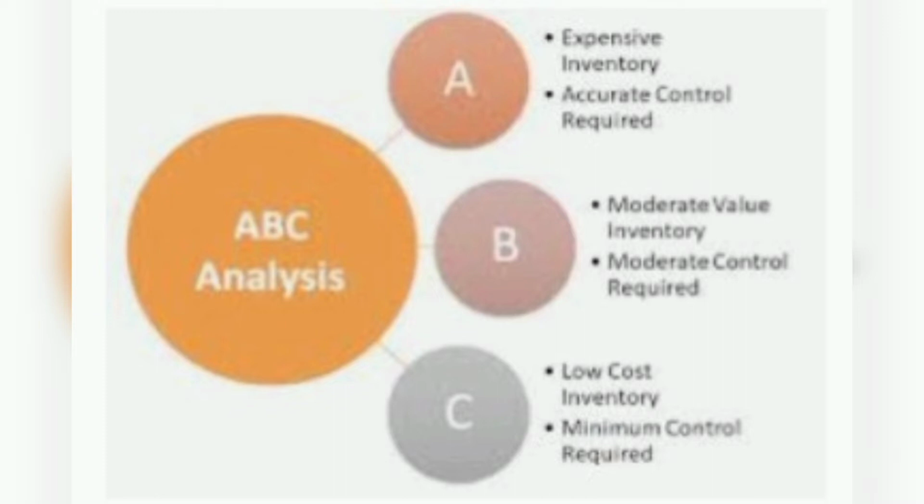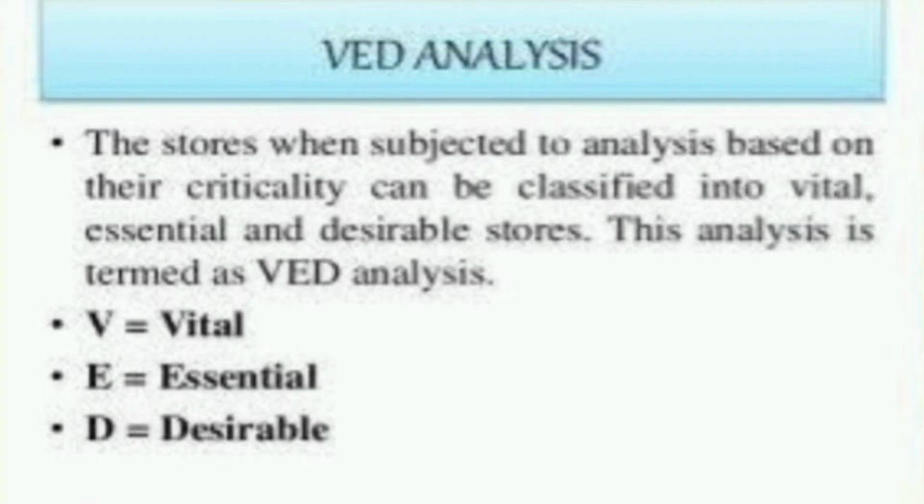And C is low cost inventory, so minimum control should be there. And also pharmacists should know the VED analysis. VED, in the sense, the stores when subjected to analysis based on their criticality can be classified into vital, essential and desirable stores. This analysis will help for proper inventory control.